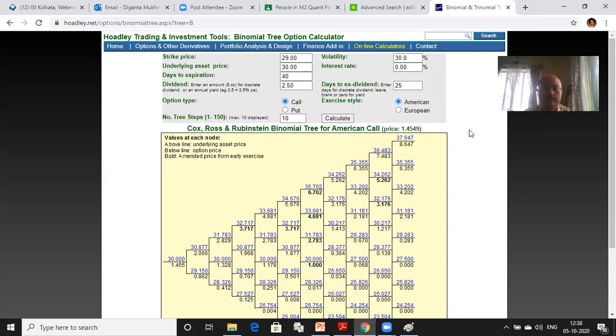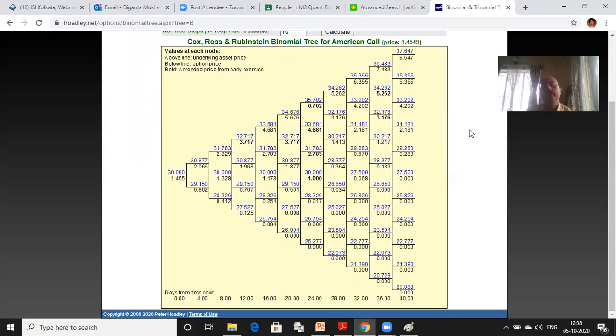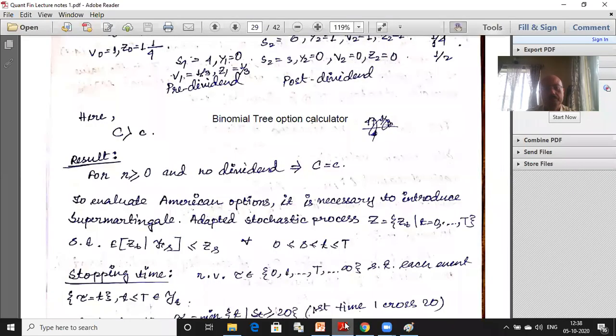But American is really, really interesting because it is path dependent. Okay. So what is the general principle that we have used? I have already told you the general principle that we always start from the terminal node and then slowly work backwards.